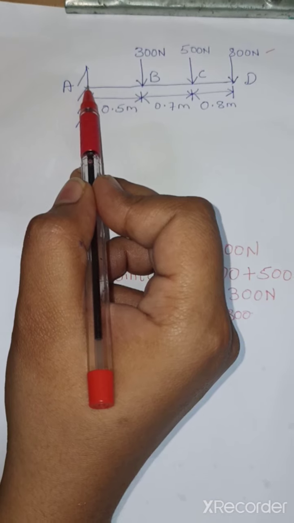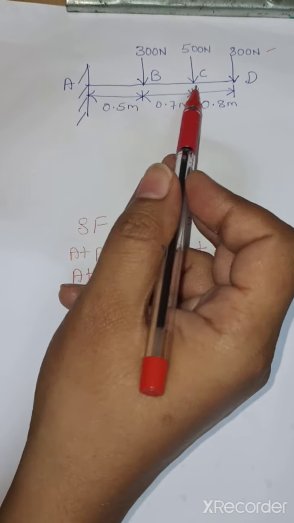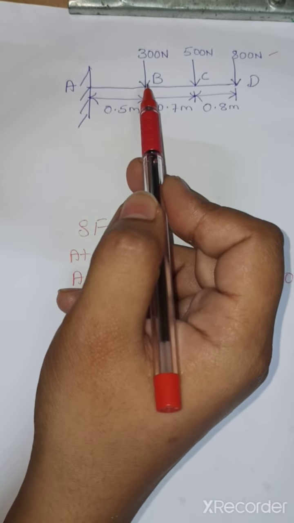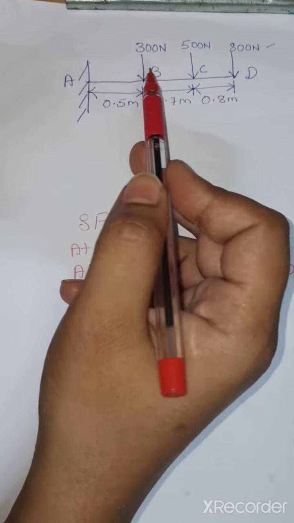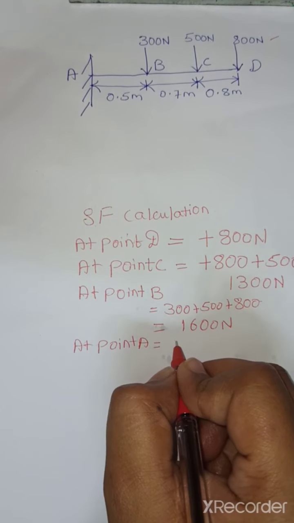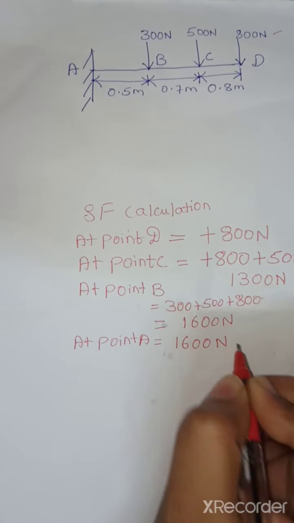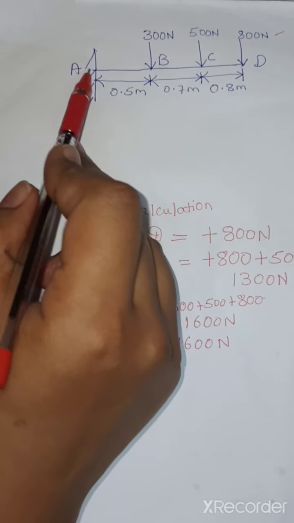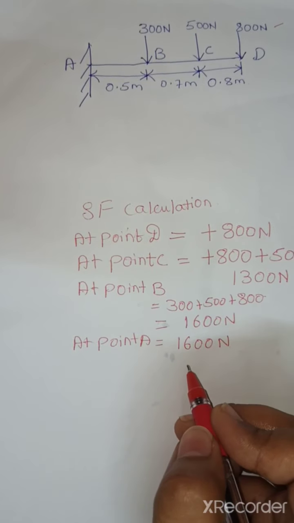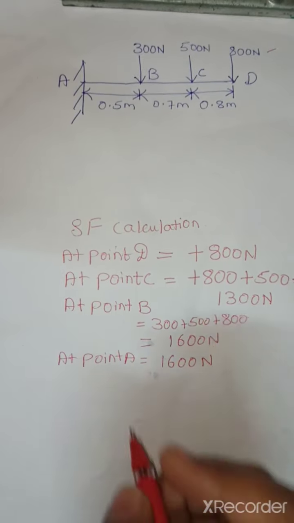The force at point A is 0, but we have three forces acting prior to point A, that is B, C and D. Therefore the shear force at point A is equal to the shear force at point B, since there is no load acting at point A. So it is plus 1600 Newton. This is the shear force calculation.